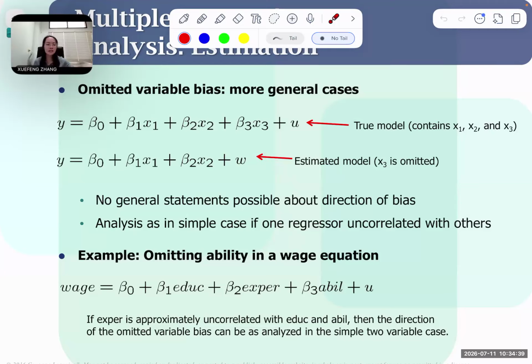So there are no general statements possible about the direction of bias.